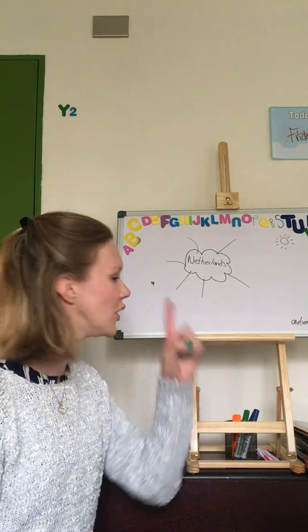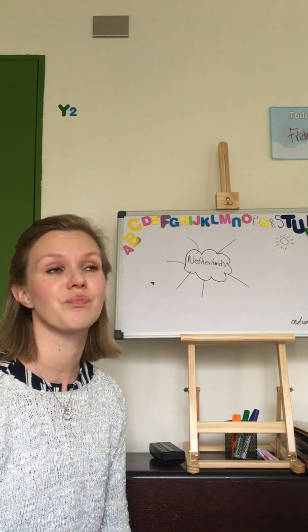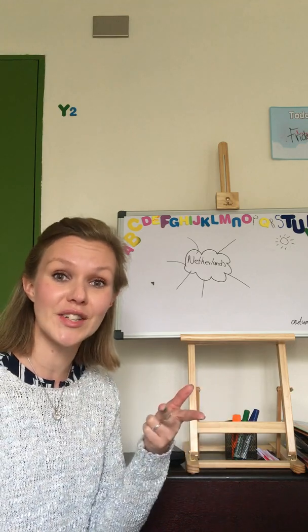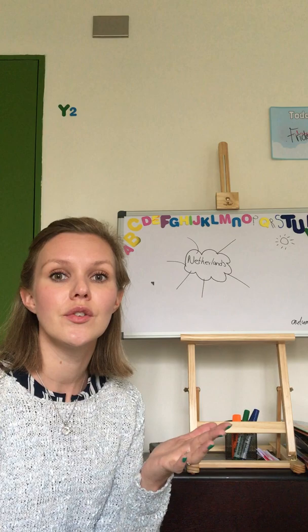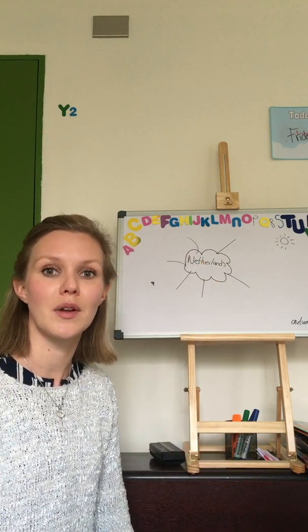So first of all, I'm going to think, who are the members of my family? Well, my father, my mother, I have a little sister, my grandparents, my uncles and aunts, all those members together are my family.